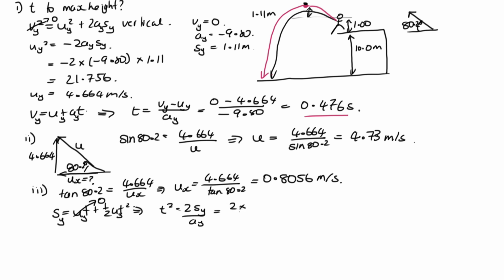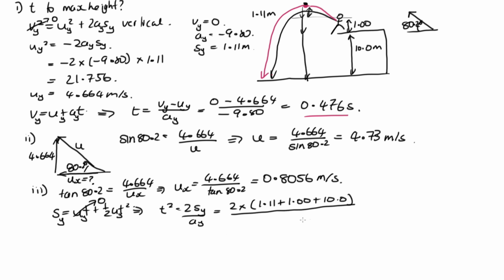So this is 2 times the height the diver falls from. He starts 1.11 meters above his initial center of mass, so the total he falls through is that distance, plus the 1 meter of his center of mass above the board, plus the 10 meters back to the water. So that's the total height through which he falls: to there, that's 1.11, to there, that's an additional 1, and that's the additional 10.